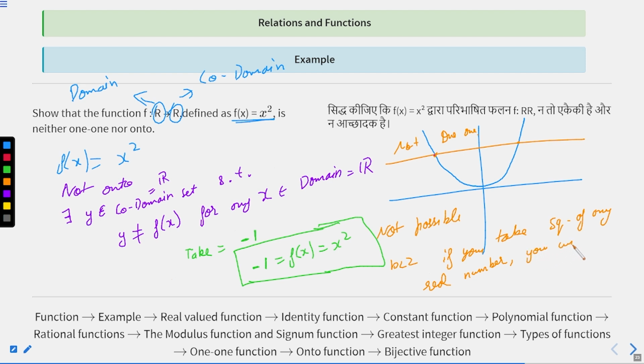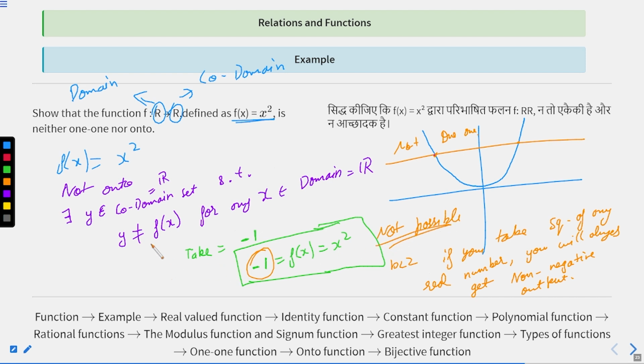You will always get a positive answer, or say, a non-negative output. But here we are asking to get a negative output. This cannot happen. That's why it is not possible.